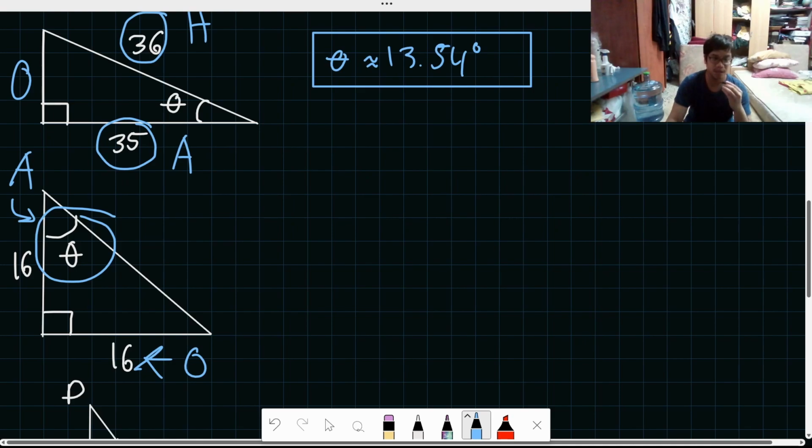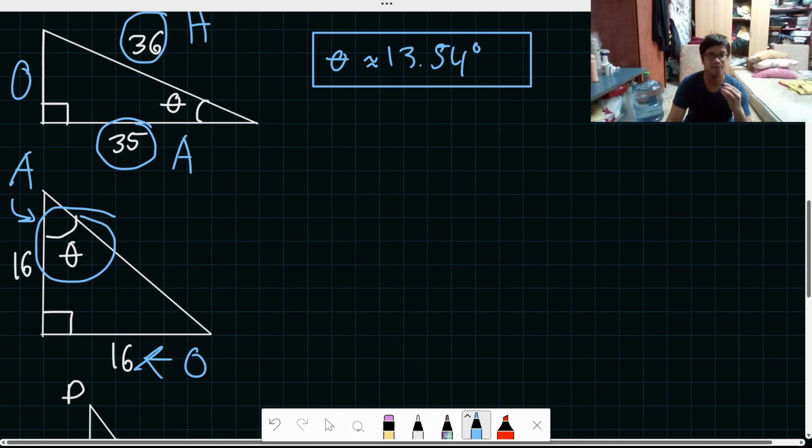Just like what we did here, I first locate which one of them is the adjacent and the other is the opposite, right? Then, after I know the given, I must select at least one trigonometric ratio that has the given sides.